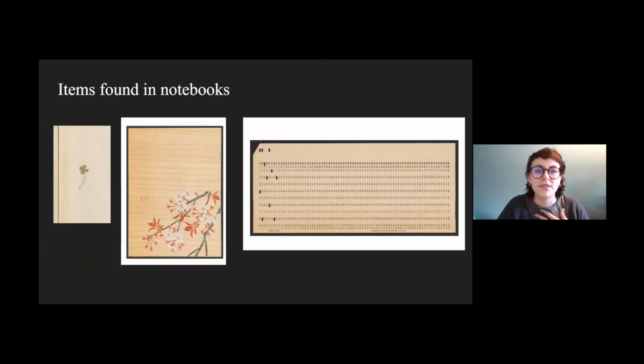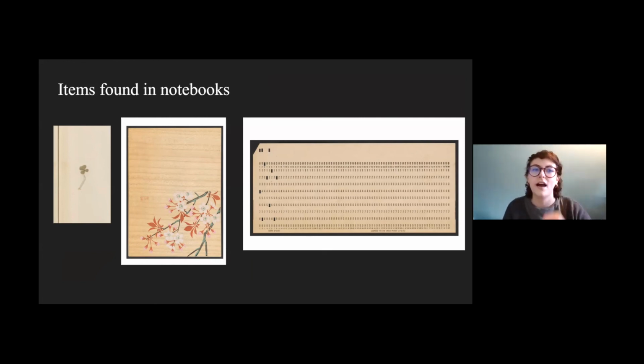This is one of my personal favorite topics, I guess: some of the random things that have been found in the notebooks, because I think it really shares a lot about the lives of these people. Here there's a 4-leaf clover, and in the middle is a Christmas card.